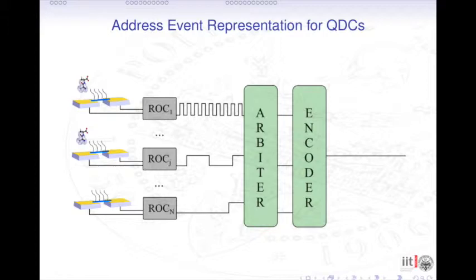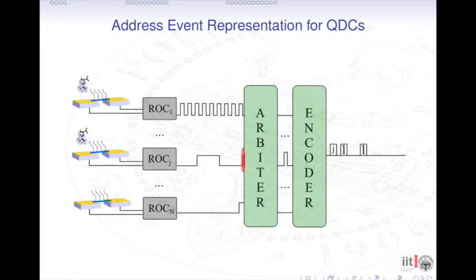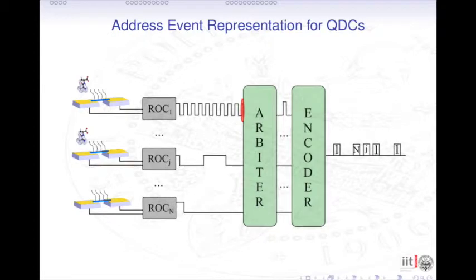And so we need an arbiter that decides which events occur in a single channel, and then transmits that information to an encoder that associates one symbol to a single readout circuit. In this case, we have at the output bus a sequence of symbols.